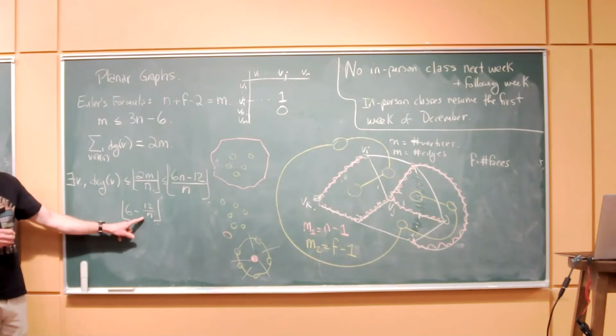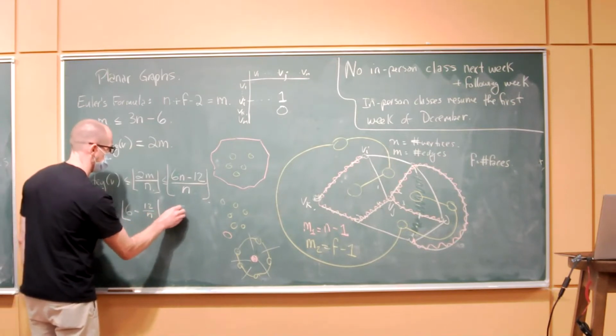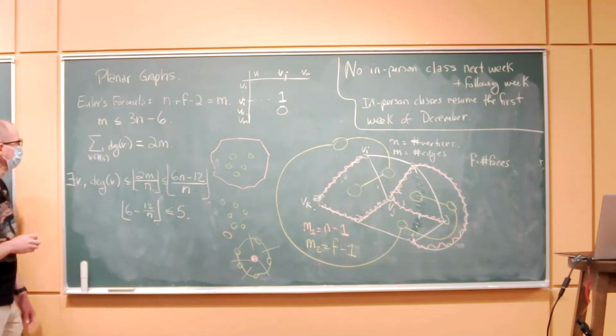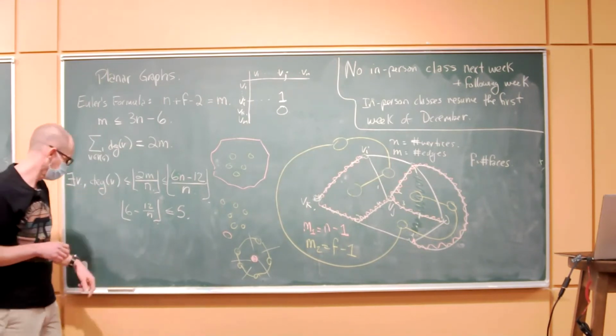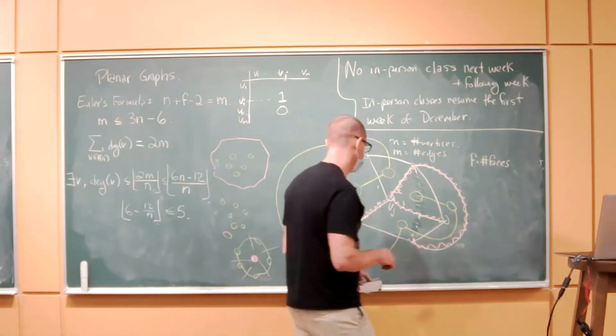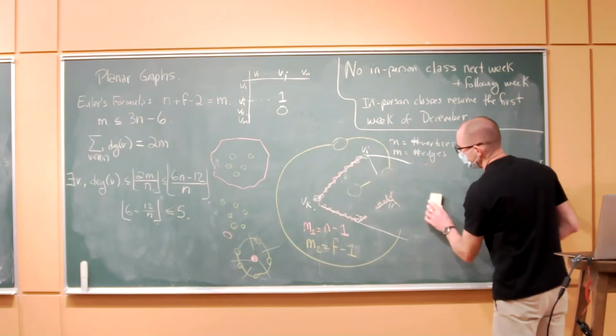This number here is less than 6, and we're taking the floor of it, so that's less than or equal to 5. Okay. So there exists a vertex v whose degree is less than or equal to 5. Classic result about planar graphs.